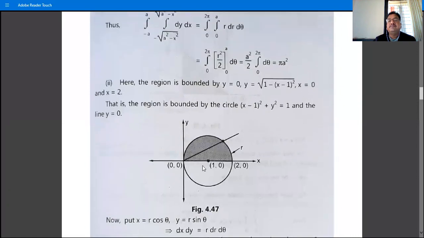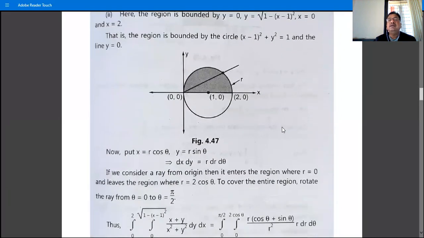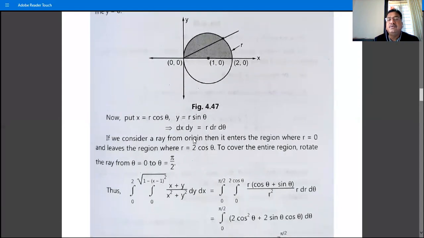Because the equation of the circle is (x minus 1) whole square plus y square is equal to 1. So we consider the ray from the origin.